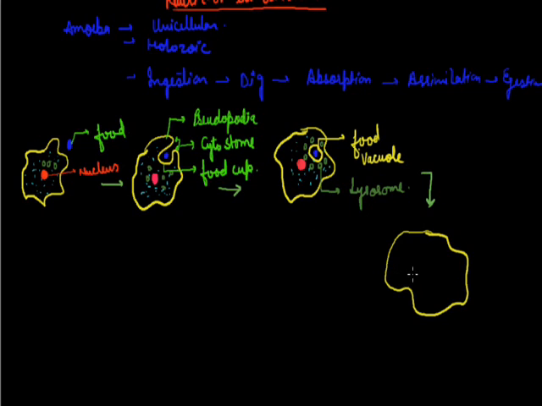It's not growing with the ingestion process. I am drawing the large diagram so that you can see all the things very clearly. Now all these lysosomes get fused with the food vacuole and form the phagosomes. By the fusion process, they will pour their enzymes inside the food vacuole.